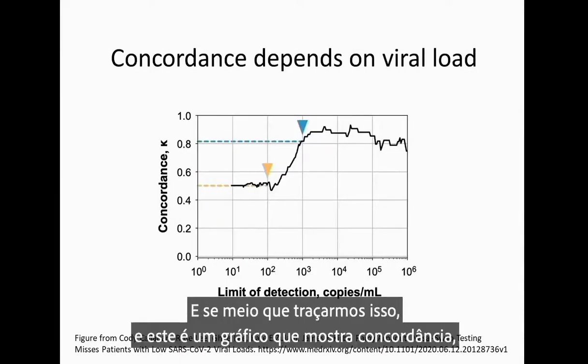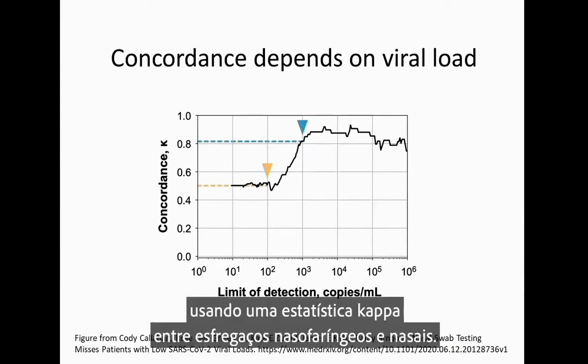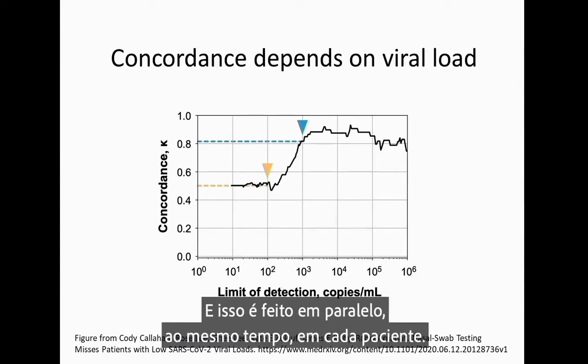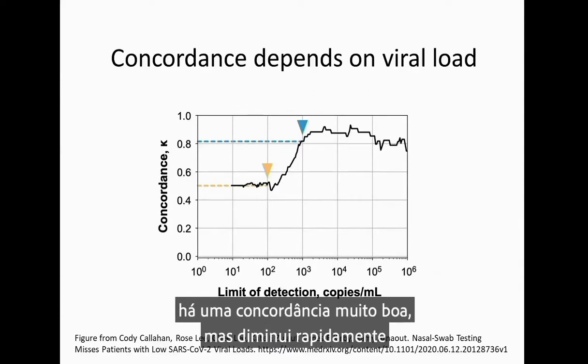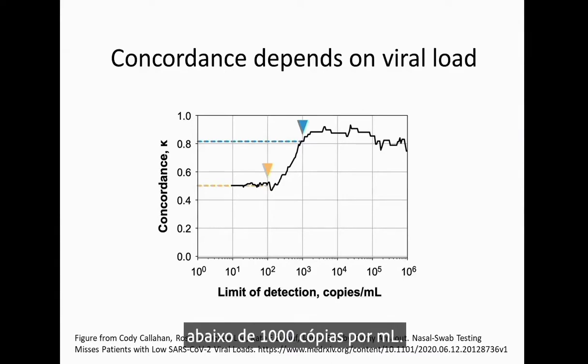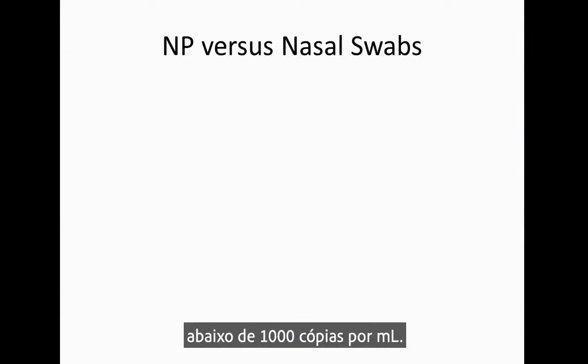swabs. If we plot this out, this is a graph showing concordance using a kappa statistic between nasopharyngeal swabs and nasal swabs. These are done in parallel at the same time in each patient. Above 1,000 genome copies per mil, there's very good concordance, but it rapidly drops off below 1,000 copies per mil.